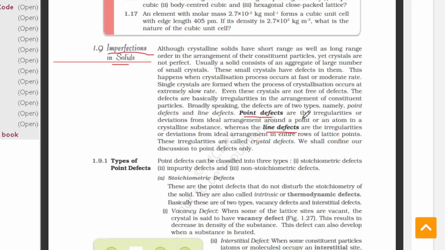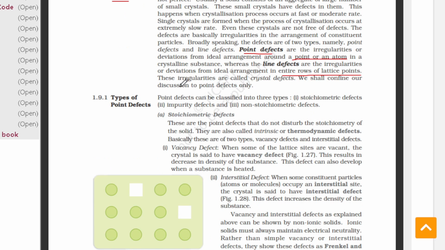Point defects are irregularities or deviations from ideal arrangement around a point or an atom in a crystalline substance, while line defects are irregularities in entire rows of lattice points. These irregularities are also called crystal defects, and we shall confine our discussion to point defects only.